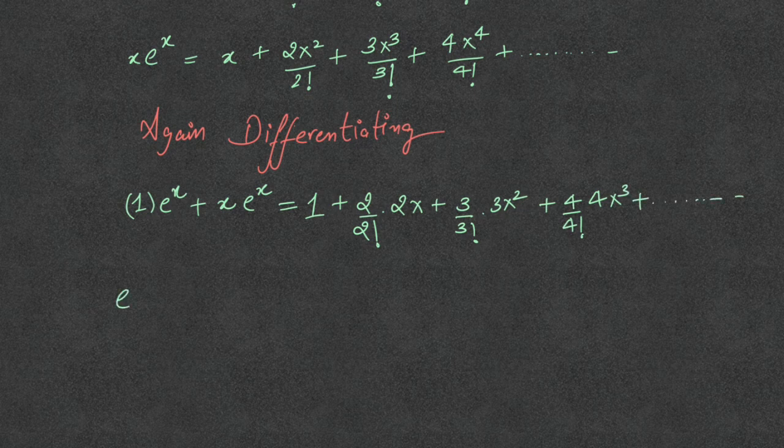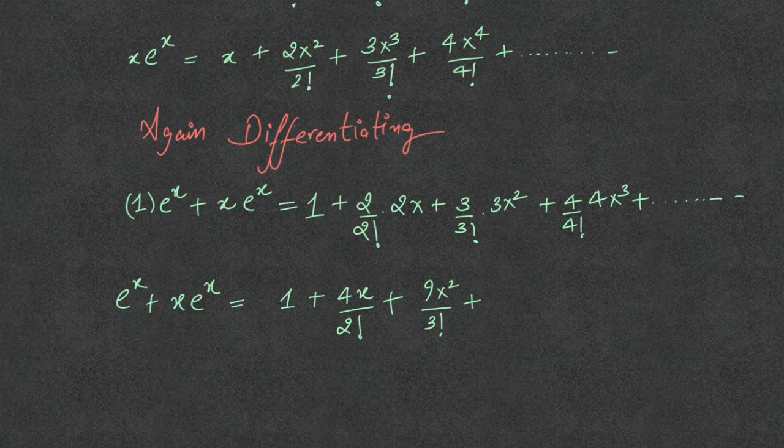And it becomes e to the power x plus x into e to the power x is equal to 1 plus 4x upon 2 factorial plus 9x square upon 3 factorial plus 16x cube upon 4 factorial plus so on.